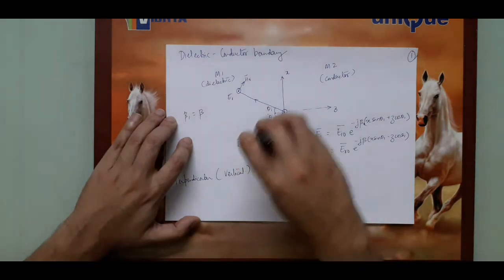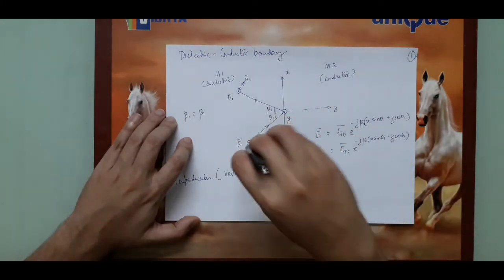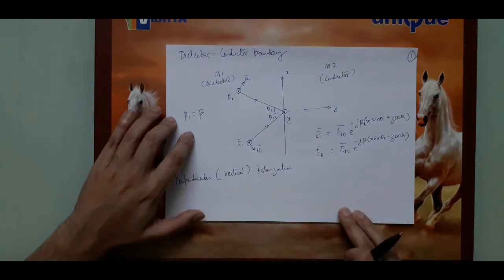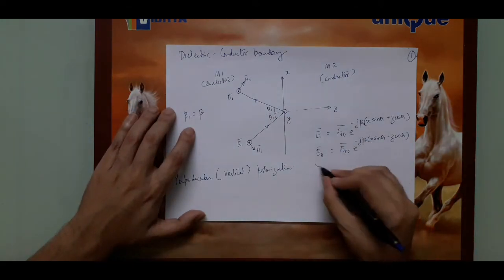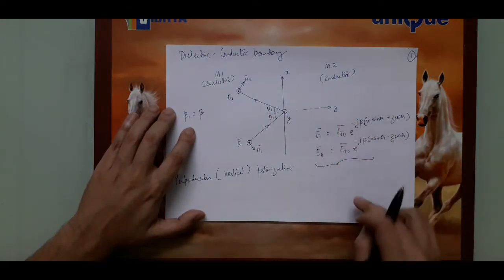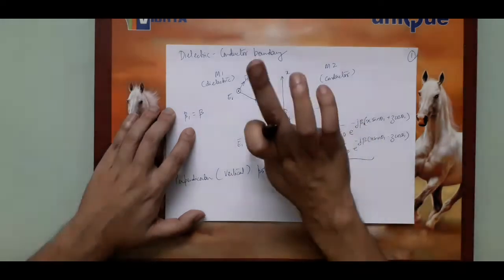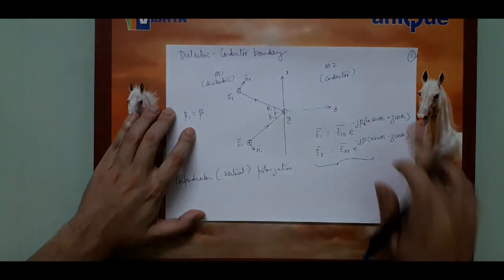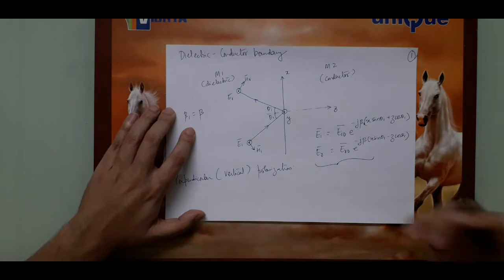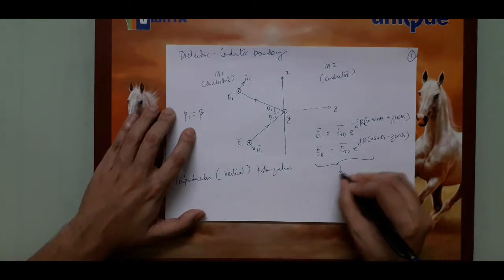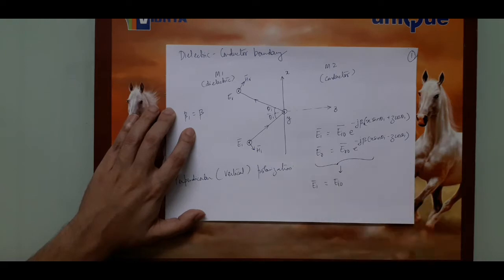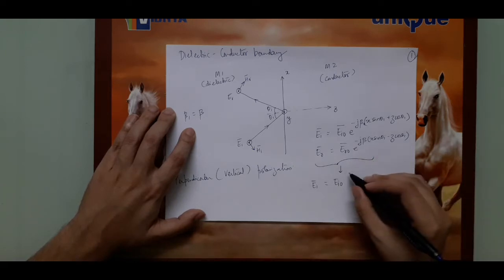It is perpendicular to the xz plane, so there are no x or z components of the electric field. So let me write these two equations by separating the unit vector of the axis along which the E field exists, the way we used to write earlier. So EI0 will go back to being some scalar quantity.